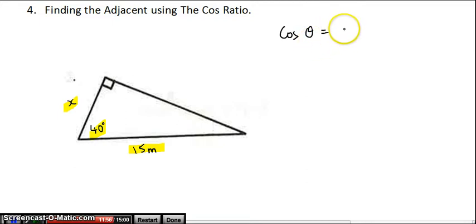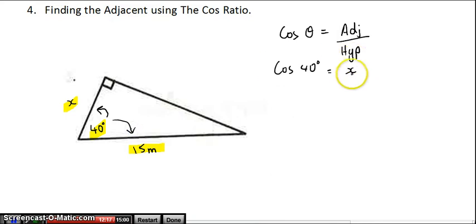Cos theta is equal to the adjacent over the hypotenuse. We look at our information, we know that theta is going to be replaced by 40 degrees. The adjacent will be replaced by the x, and the hypotenuse, the longer side, will be replaced by the 15 metres or 15.